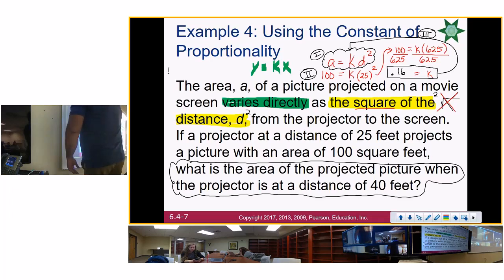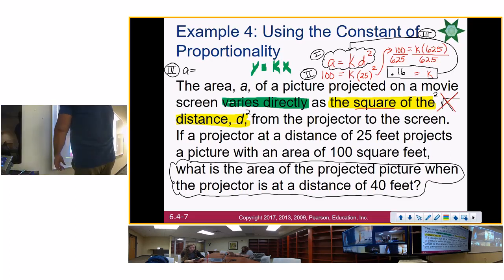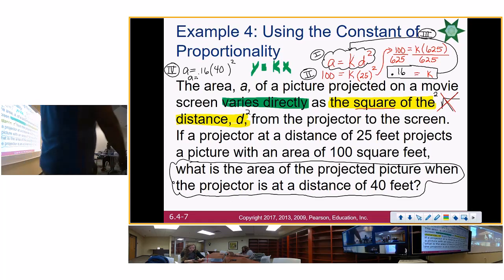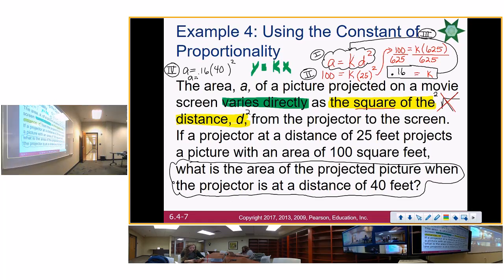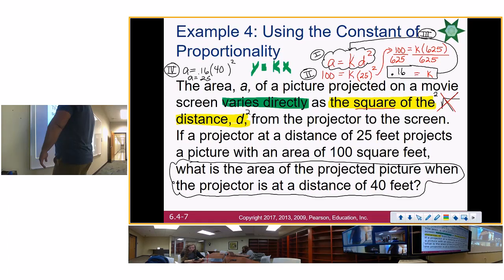So part 4, I'm going to take A equals 0.16 times 40 squared. You don't need a calculator for 40 squared. That's 1600. So take 0.16 times 1600. What do you get? 256 square feet. That's a big screen.